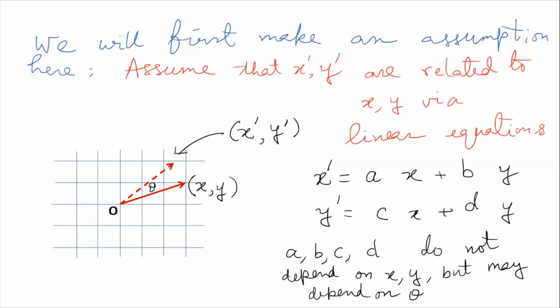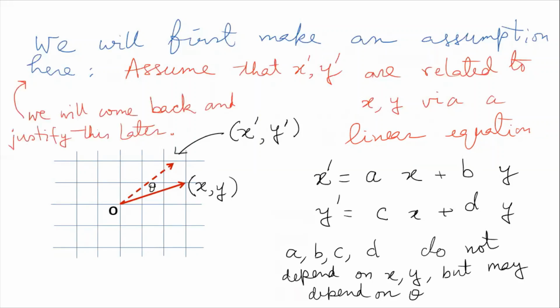That means that x prime equal to a times x plus b times y. Notice that there is no quadratic, there is no other function, just plain linear equations. y prime equal to cx plus dy. What are a, b, c, d in these equations? They are constants in the sense they don't depend on x and y, but of course they depend on the angle theta.